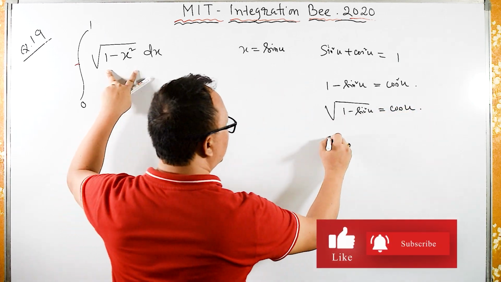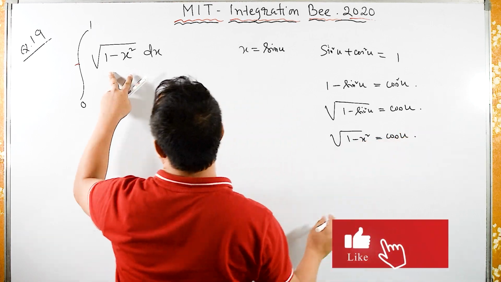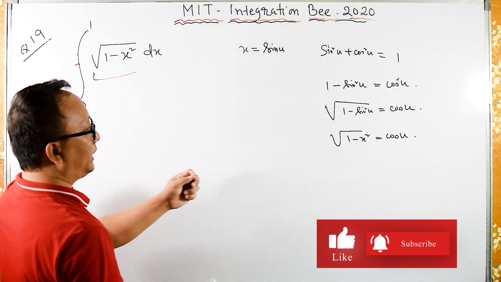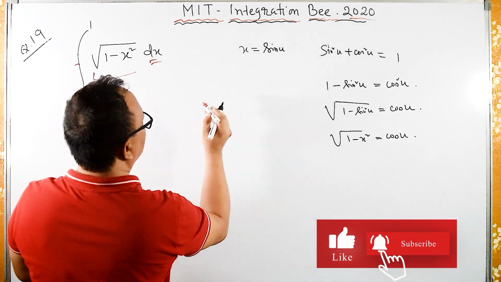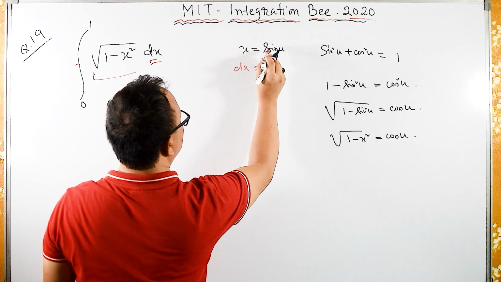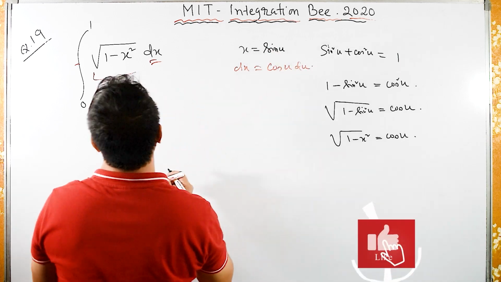It means root of 1 minus x square becomes cos of u. Therefore, instead of this, I can write cos of u. What about dx? Differentiation of sine is cos of u into du.